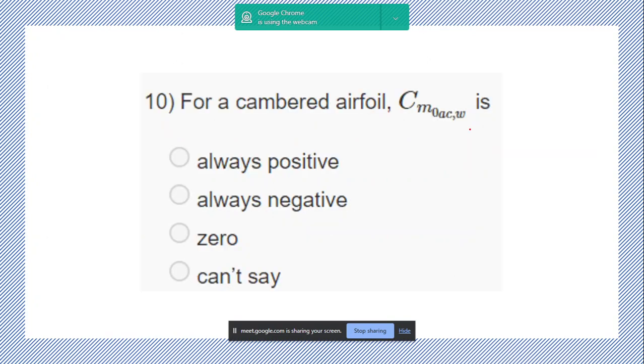Okay. So for a cambered airfoil, Cm naught is, we just discussed this. When they say cambered, it's just positively cambered. It's always negative. Yes. Can you tell me why? Why is it negative? So I'll just draw the cambered airfoil here.